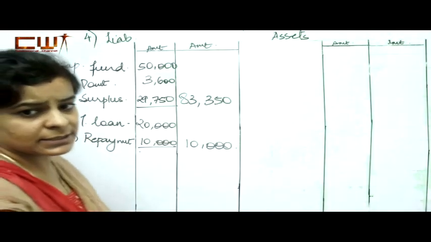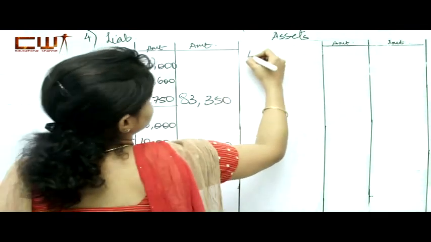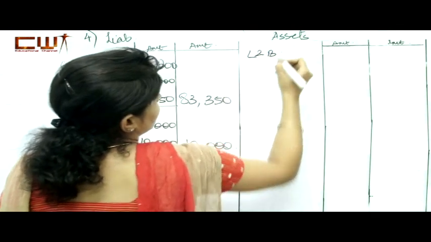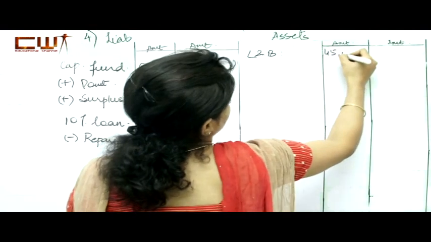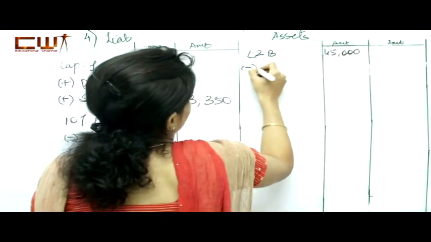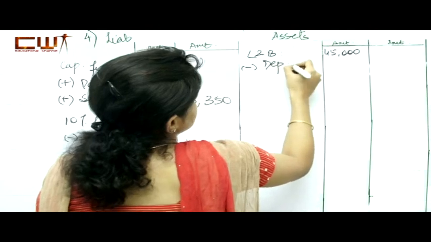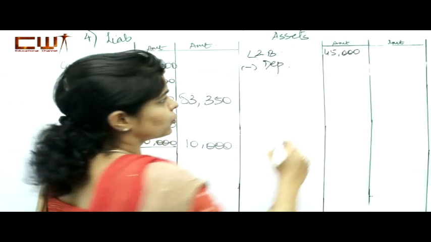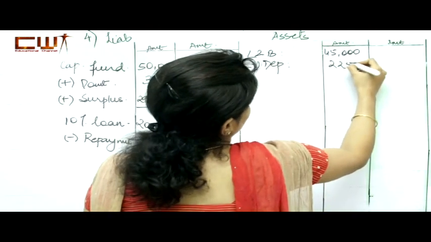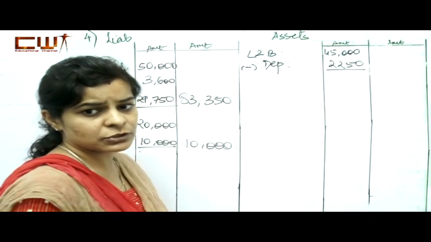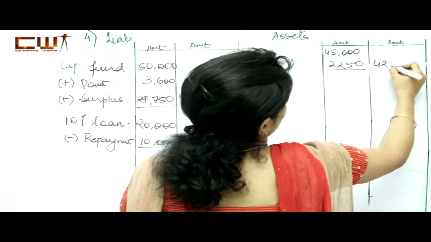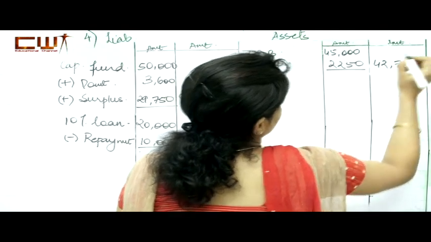We move on to the asset side. You have land and building. Land and building is for how much? 45,000. Right? Minus depreciation. Depreciation is how much? 2,250. 45,000 minus 2,250 is 42,750.